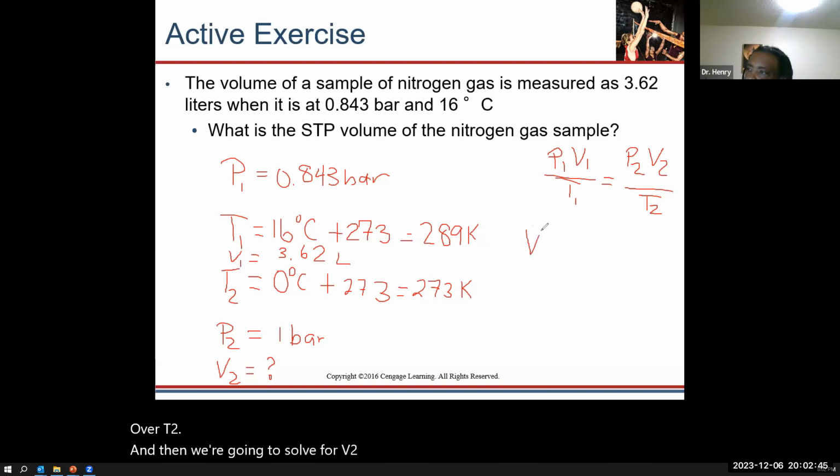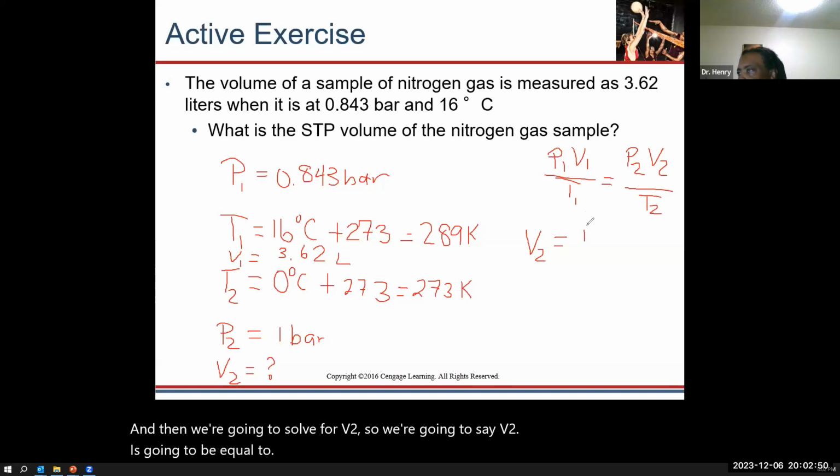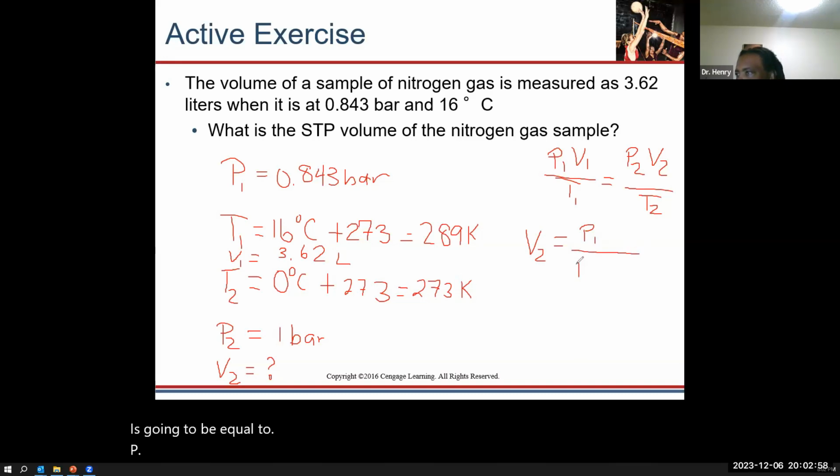So V2 is going to be equal to P1 over P2, and then we'll have T1 at the bottom here, and we'll have T2 at the top here, and then all we have to do is plug everything in.